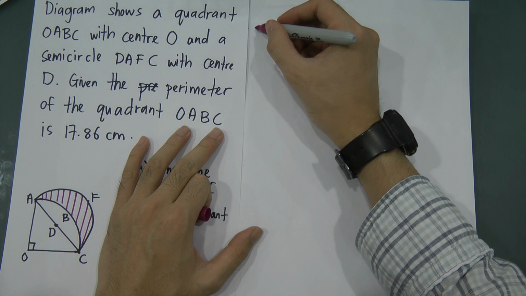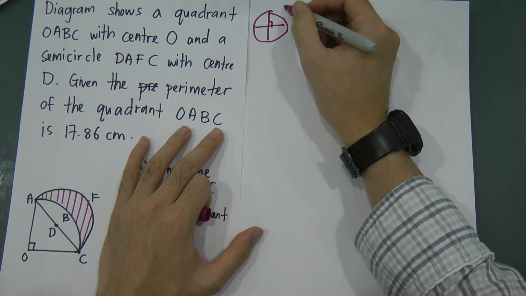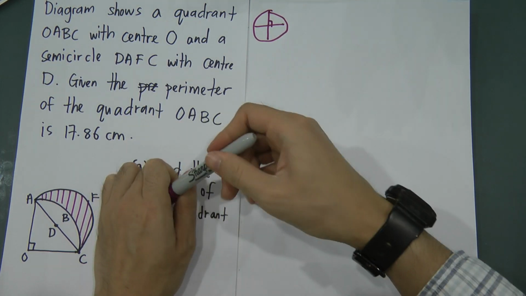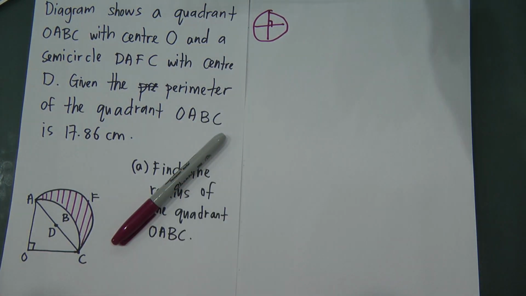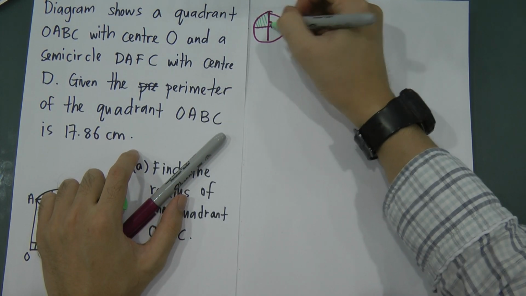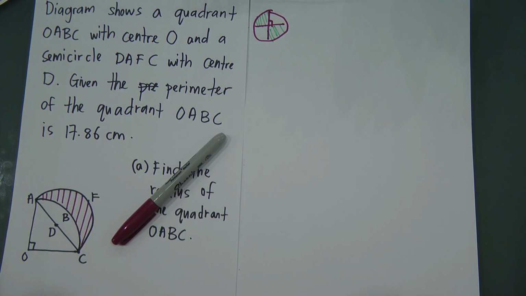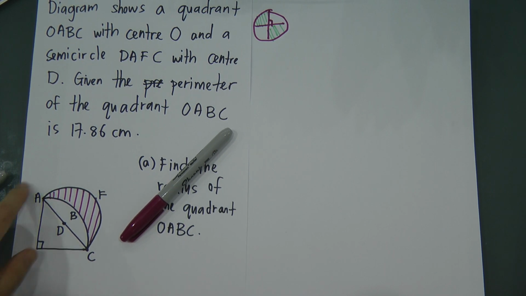If this is a cake, you cut the cake into 4 parts, and one part of it we call a quadrant. So this is a quadrant, and all of these we call quadrants. Basically, a quadrant has 90 degrees in the middle. Remember this is what we call a quadrant.